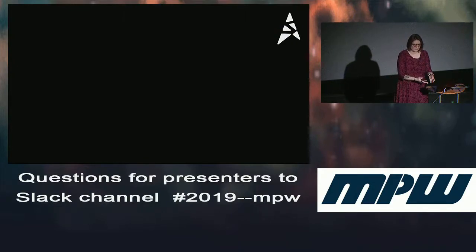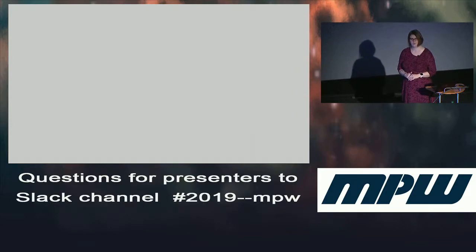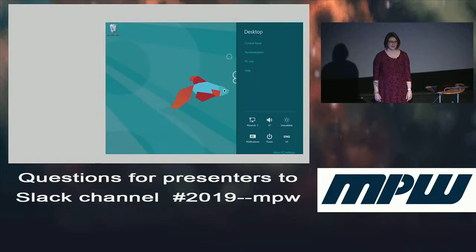"Well, I need to put in the password for your Wi-Fi in your network settings." And she's like, "Oh, okay. You mean like this?" And she swipes from the right, presses the settings button, and there it is. The super difficult to find settings that Microsoft ruined.